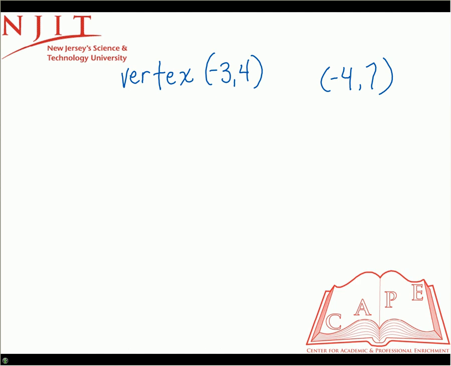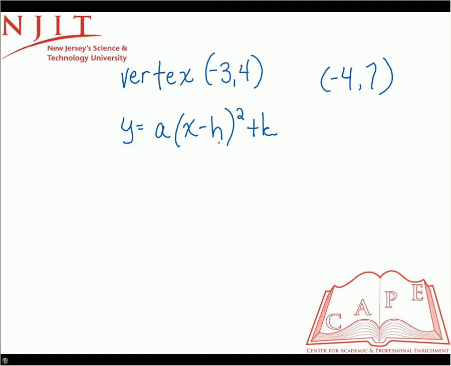Okay, so first thing you want to do is write out the standard form in its variable state, which is a(x - h)² + k. Now we know for a fact that the h and the k are the vertex of your equation.